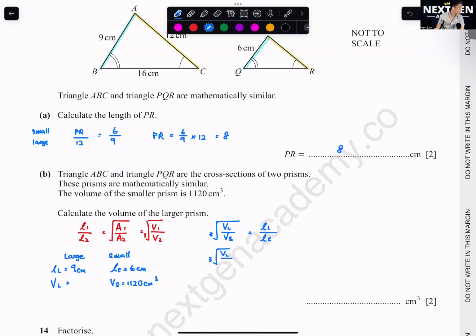Volume of the small one is 1120. Length of the large one, 9 over 6. Just rearrange this entire thing and solve it. The cube root will become cube. So 9 over 6 cube, times 1120. Calculate this, you get 3780. I can guarantee you this always works.